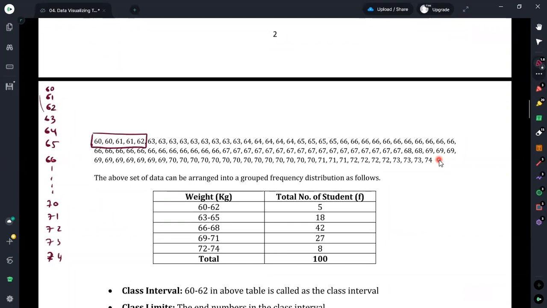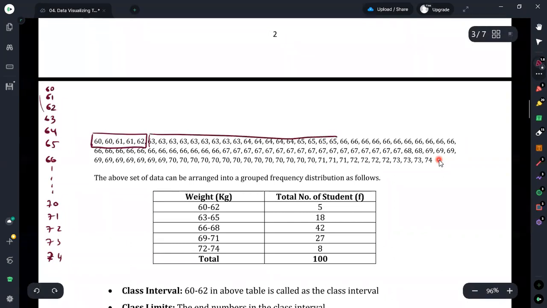Likewise, for the next class, it is 63 to 65, starting from here and going up to 65. If you count for this class, you get 80. Likewise, the classes are obtained, and this is an example of the group frequency distribution.